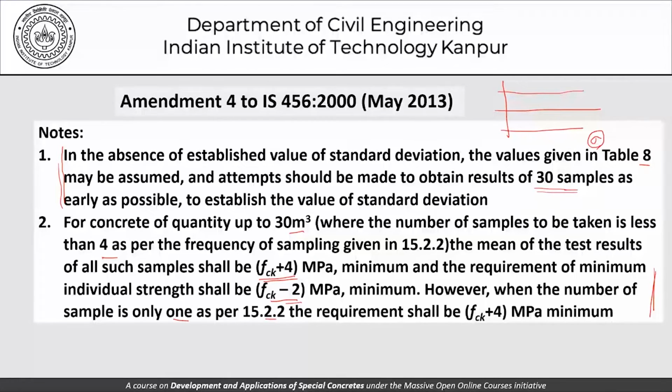If the number of 4 consecutive non-overlapping samples is less than 4, then the average should be greater than FCK plus 4. And the individual values cannot even go up to FCK minus 3, but they are restricted to FCK minus 2.